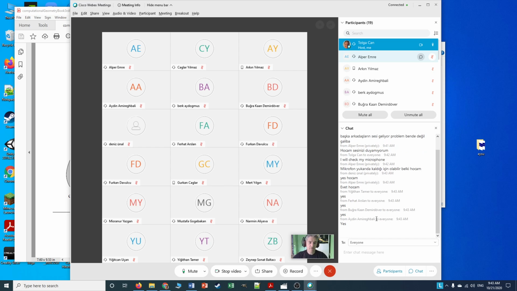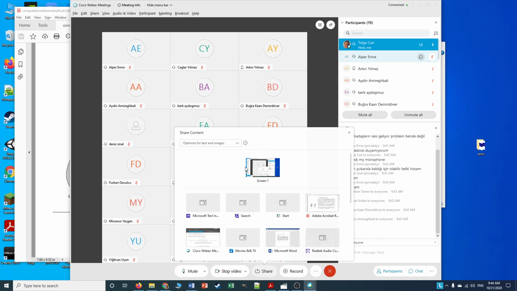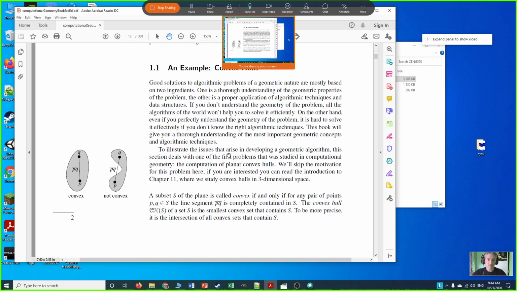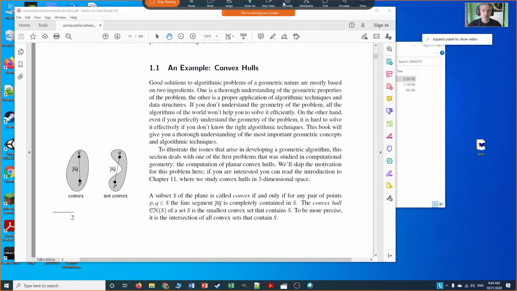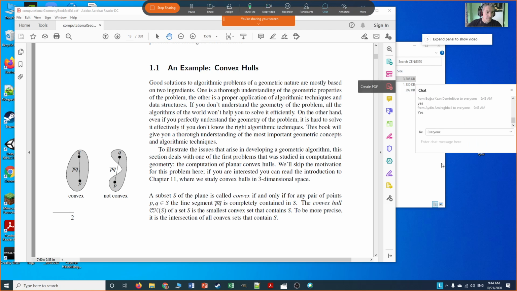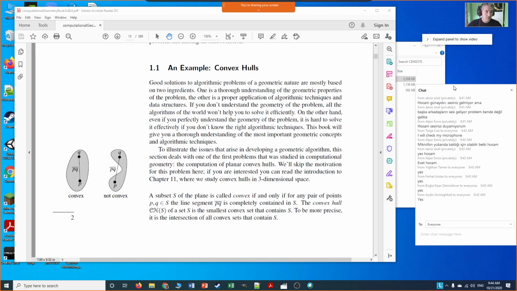So you can hear me now. I'm using the webcam's mic. Somehow this microphone didn't work. It worked yesterday, but anyway. So I'm going to be using the webcam's microphone. I'm going to start sharing my screen again. Now everybody can hear me. All right. Let me get the chat window and the participants shown again. All right. Okay.